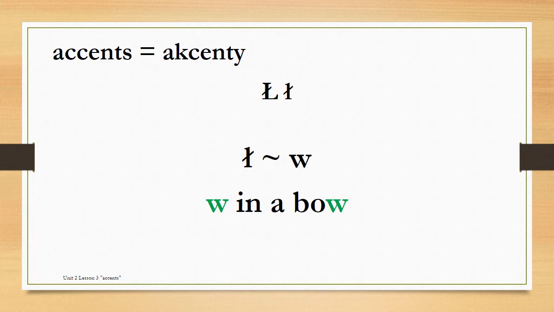So w sounds pretty much similar to the English pronunciation of v, which is w in spelling, but often you pronounce it as Polish w. So w in the word above sounds very much similar to Polish ł with an accent.